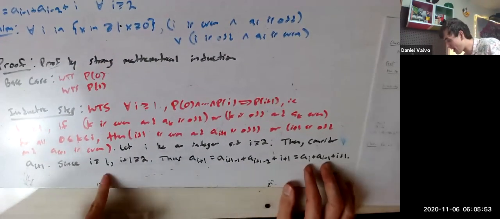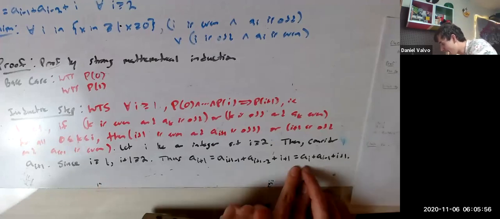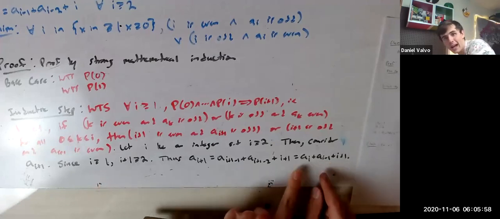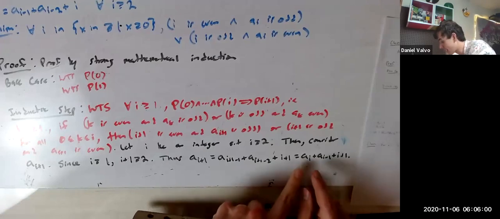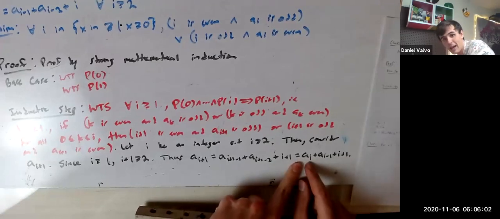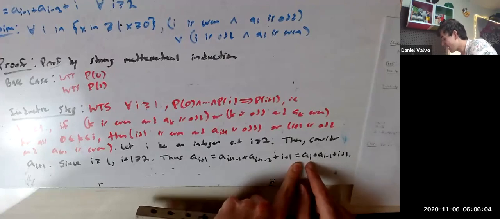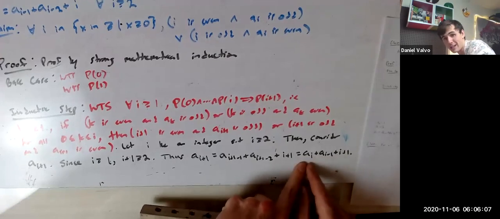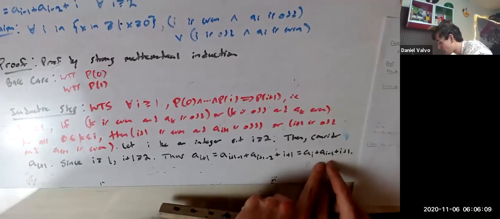And by our assumption, a_i and a_{i-1} follow our claim, meaning if i is even, a_i will be odd. If i is odd, a_i will be even. And same thing with a_{i-1}.